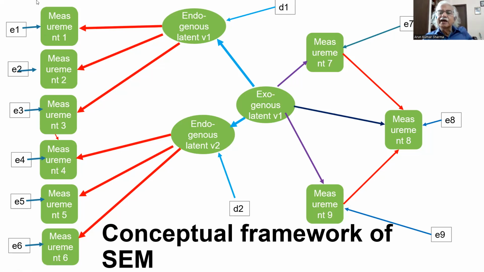All the arrows show the path of relationships in which we are interested. So a path diagram of relationships in structural equation modeling is very general. It contains variables, and it contains constructs. Constructs are basically linear combinations of variables only, but they appear as though they act as variables. That is why endogenous latent variable 1 is a construct, but it depends on variables 1, 2 and 3 on which data have been collected.